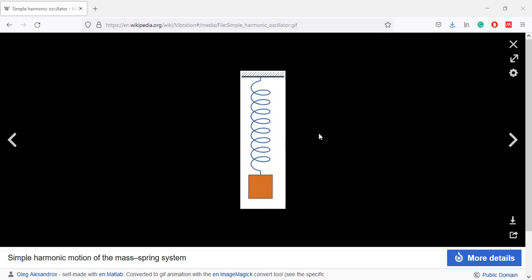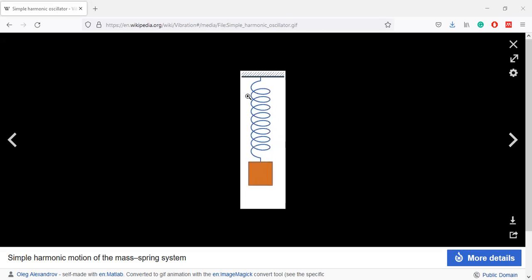neglected damping in the system. Even the damping of the material property, and the damping from the environment, like air friction, are all disregarded from this system. This is an ideal system for vibration analysis.